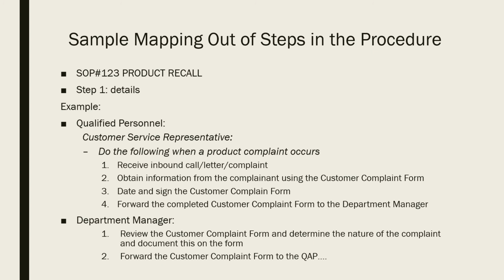Those are two short procedures or aspects of this procedure that are carried out by two different personnel. The third person that's going to come into play here is the quality assurance person, who would have his or her own set of procedures to follow under the product recall standard operating procedure.